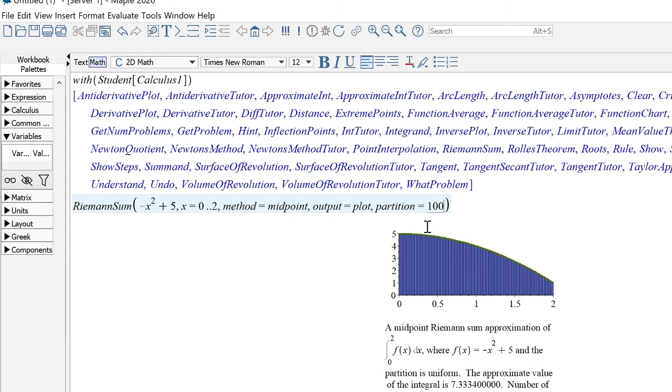The example that we did was more to get our feet wet. In the next example, we will actually compute these things by hand using left, middle, and right sums. And this is what we call a Riemann sum. I'm going to define this in the next section as well.